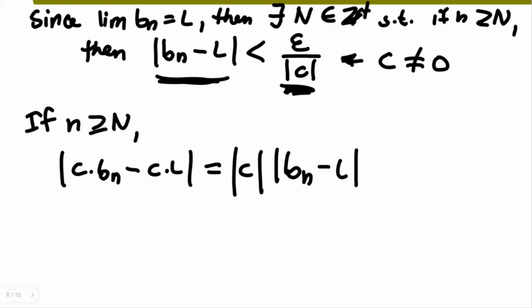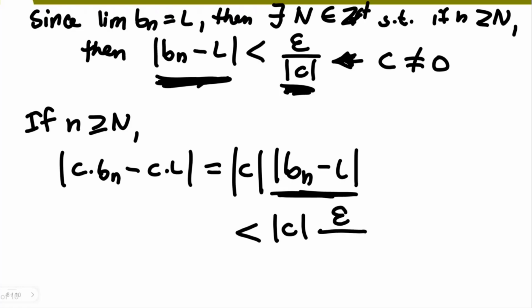Since the absolute value of c is still there, but this is already identified by this form, the expression with epsilon, this entire form is still less than the absolute value of c, because that's part of the property of inequality. You will have this too, so it will not change the inequality because that's an absolute value, and then times epsilon over the absolute value of c, which is the indication of this, which is equal to epsilon, because you can cancel that out. Let me remove the cancellation so that it will be clear.